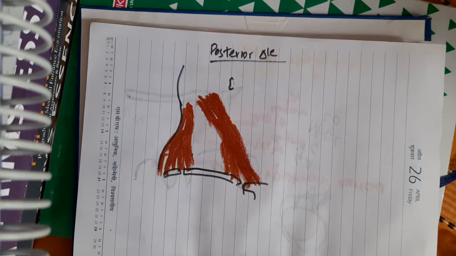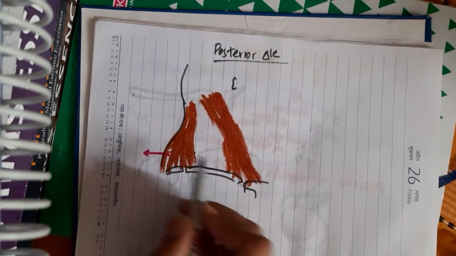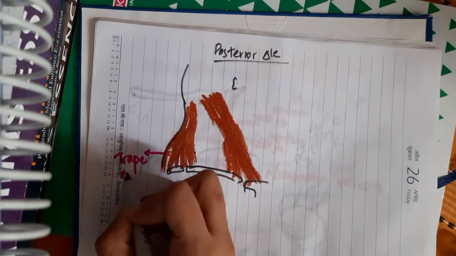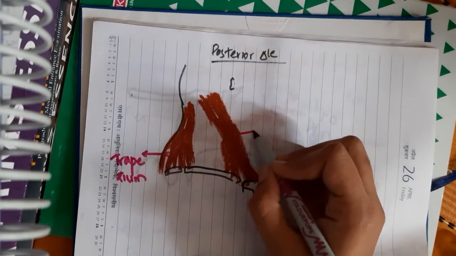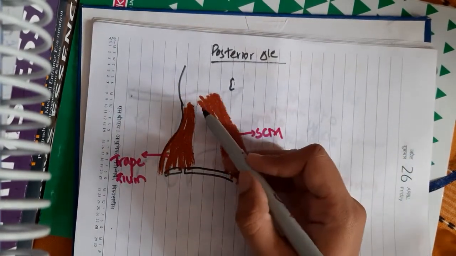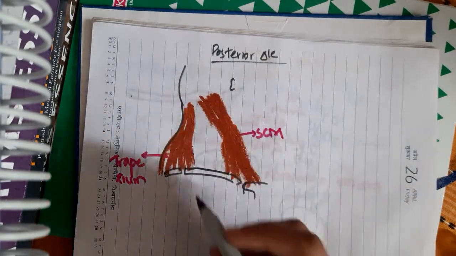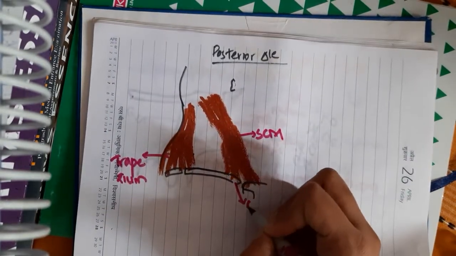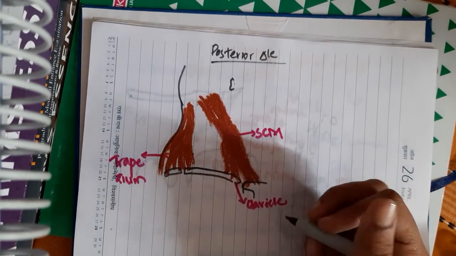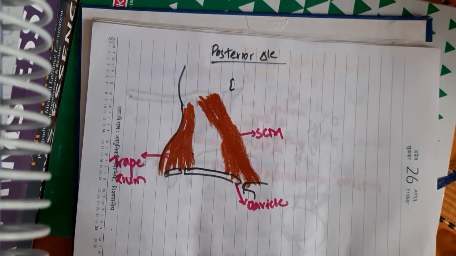So the boundaries are: posteriorly the anterior border of the trapezius, anteriorly the posterior border of the sternocleidomastoid, and below, the medial one third of the clavicle, superior aspect.